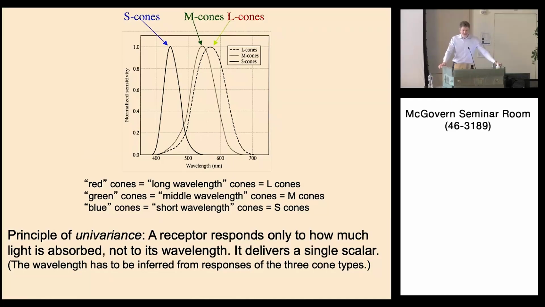So an important idea around photoreceptors, which we will return to when we talk about color vision, is what is called the principle of univariance. Okay, and the idea is that the receptor response doesn't contain any information about the wavelength of light. These curves tell you how likely a receptor is to absorb a photon of a given wavelength.